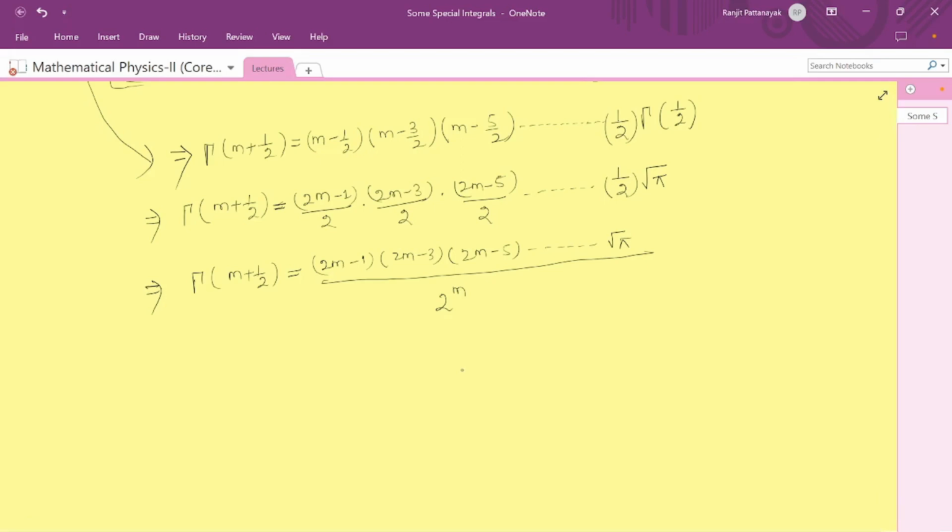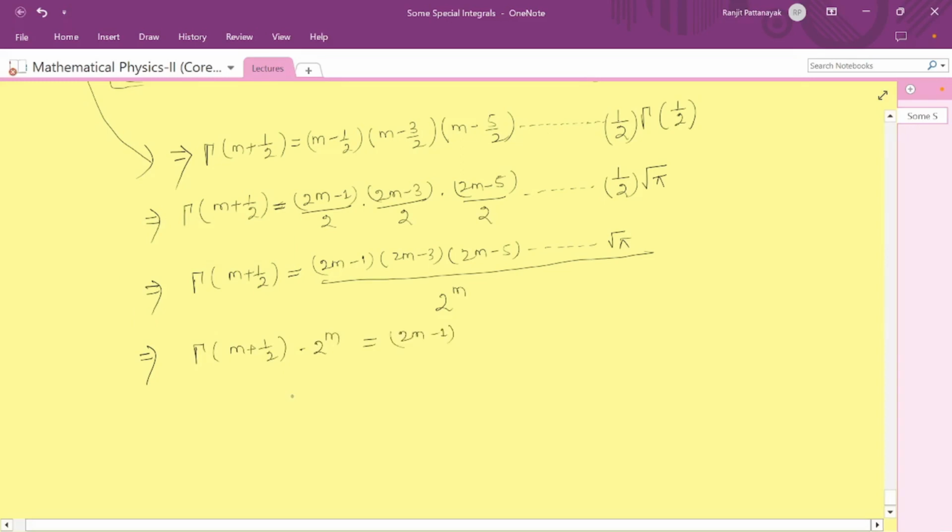Okay, that implies I can write that gamma m plus 1 by 2 into 2 to the power m will be equal to 2m minus 1 into 2m minus 3 into 2m minus 5 up to what term?